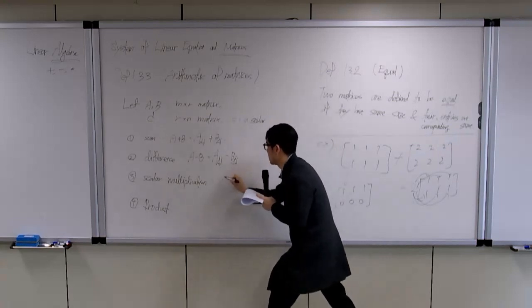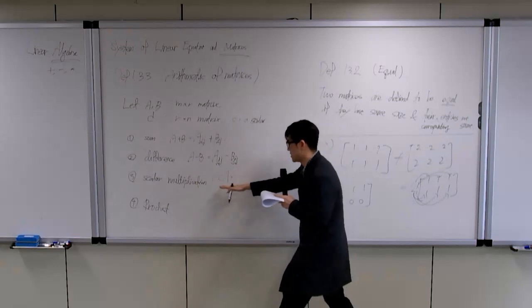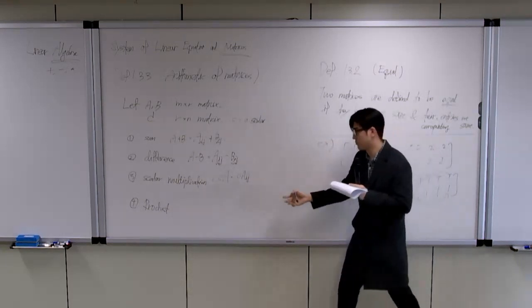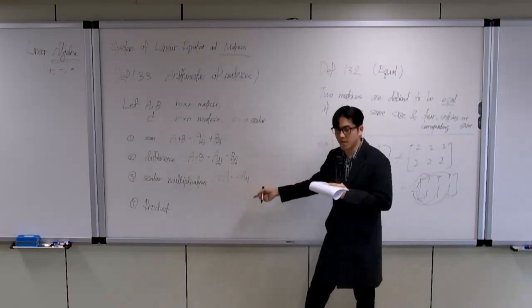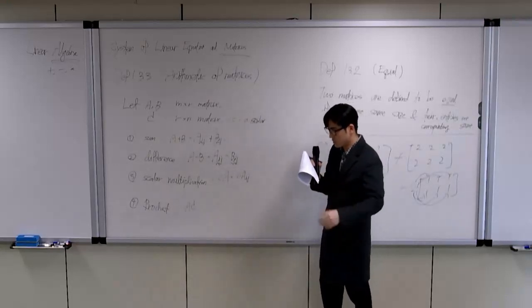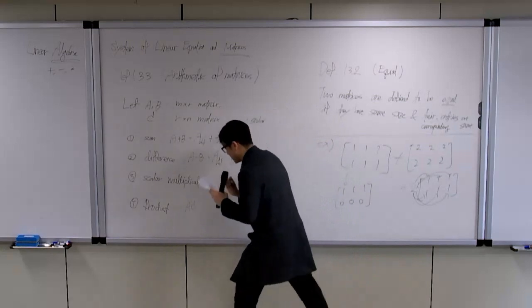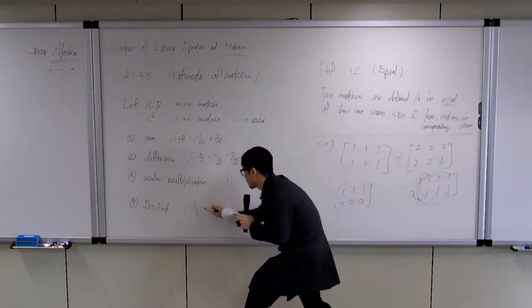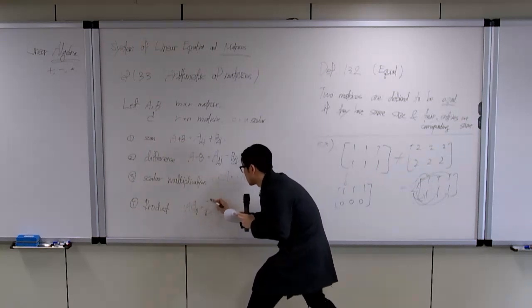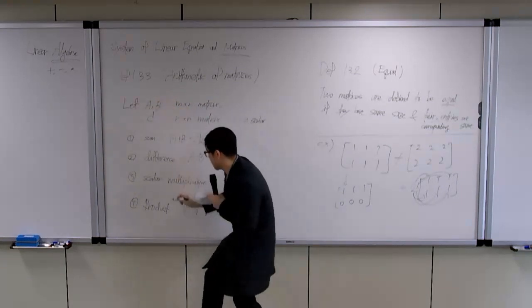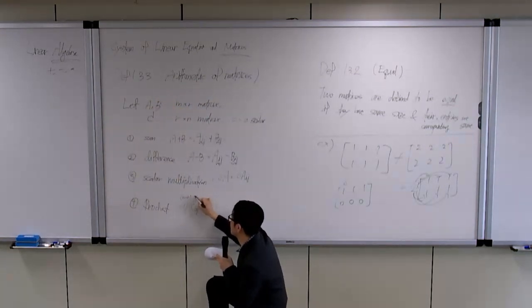For the scalar, we will define C times A as each entry Aij multiplied by C. And the product is a little special because we define it for each entry as the summation over k from 1 to r, because A's size is m times r and C's size is r times n.